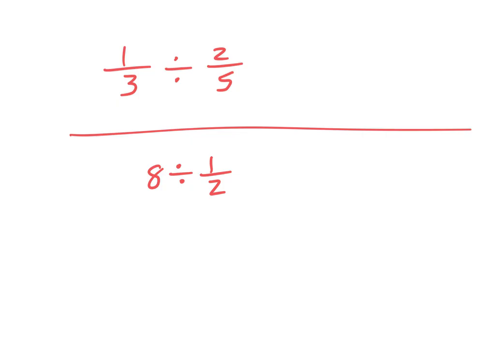So now we got 16 slices, right? So if I were to take those 8 slices and divide by half, now I have twice as many, right? I have more, okay? So I started with 8, I cut those 8 in half, I divided by half, okay? And so now I have twice as many. So the rule here is when I divide by a fraction, we're going to multiply by its reciprocal. And so that would give me my 16.